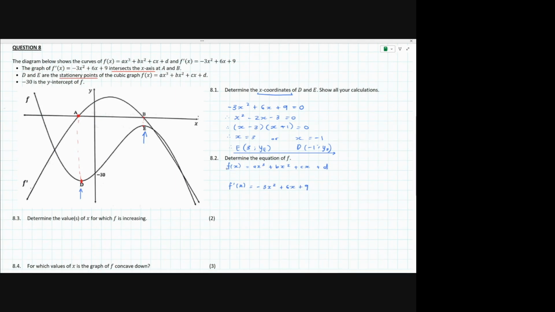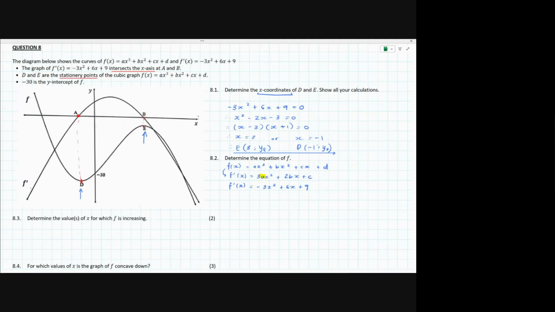So if we go to this f of x function and we find the derivative in terms of a, b, and c, all right? So we're going to go find the derivative here, giving me 3ax squared plus 2bx plus c, because remember that constant derives to 0. We know that these two derivative expressions are the same thing. They represent exactly the same graph.